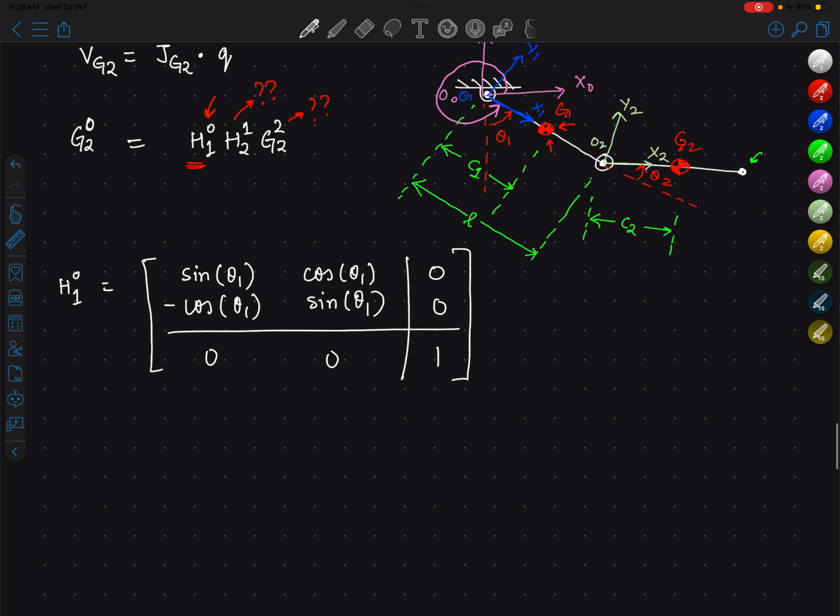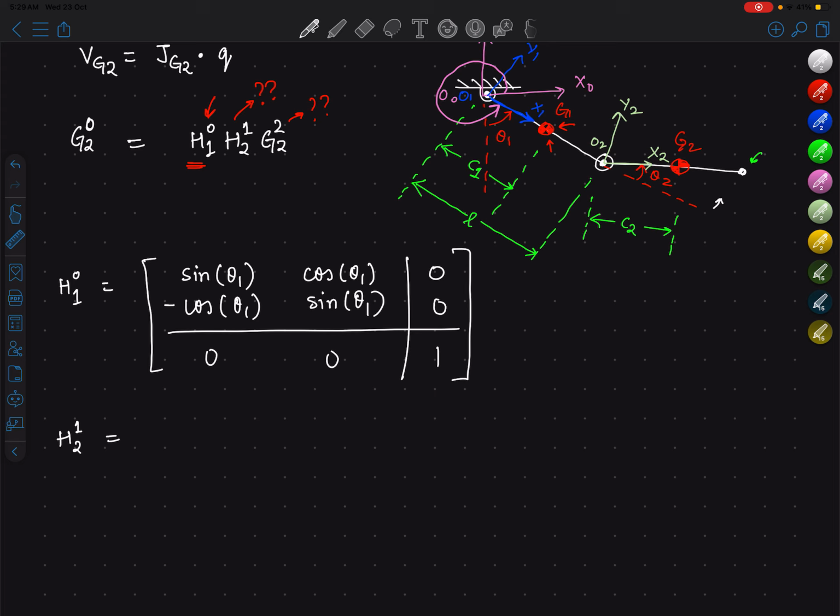What is H21? Let's try to write that. How can we know H21? You can see frame 2 has rotated counterclockwise with respect to the x1 axis.